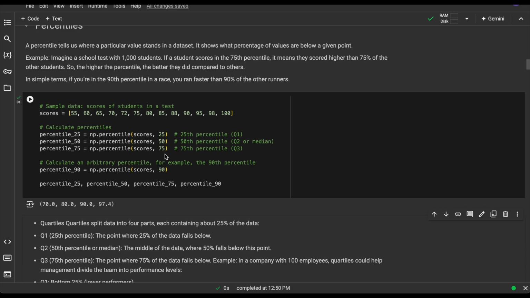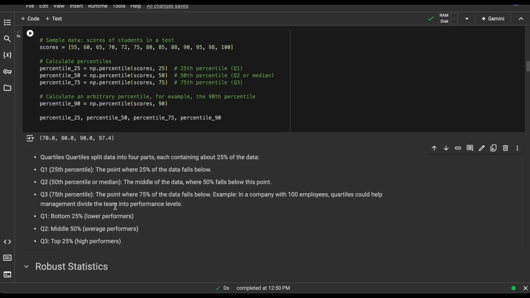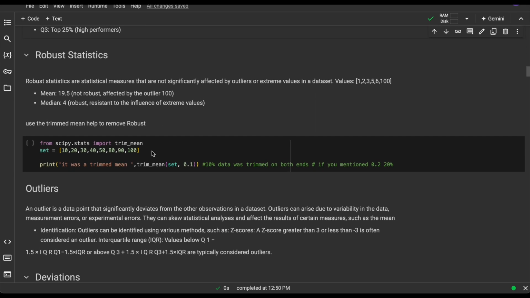Then 75 means 75% of the less than peoples are scored below the 90s, and 90% or 90% below the 90% means 97.4. 90% of the peoples below score the 97.4. This quartile is not like that. The quartile is split the data into three parts, not the four parts. 25, 50, and 75. These are the same. The both is not difference.